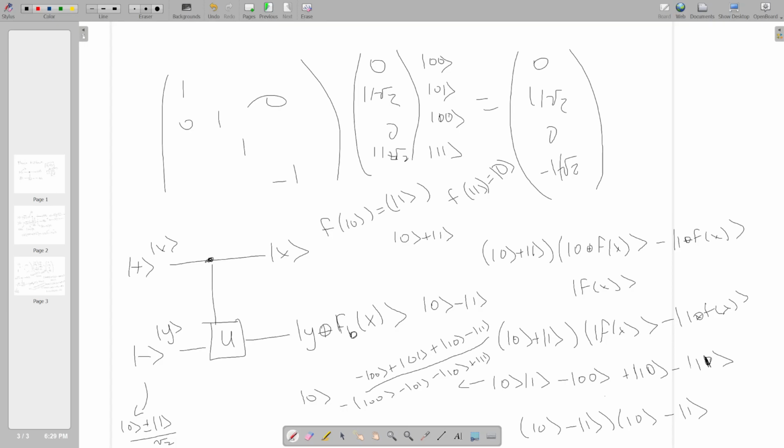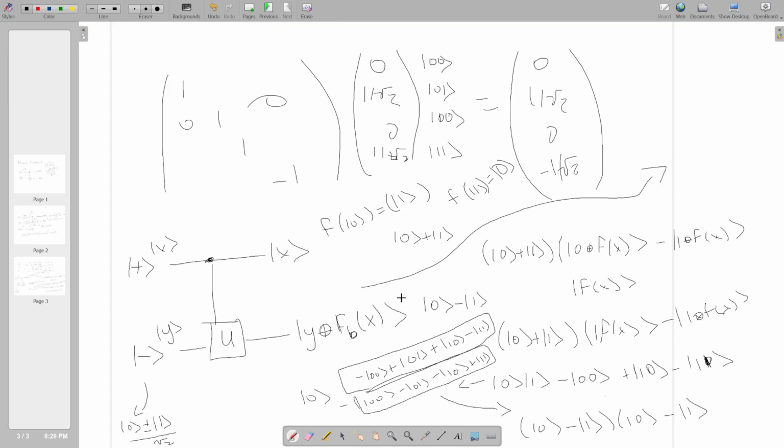So this is the state we have, reordering it. We can factor out a negative sign. Remember, global phases we can just disregard. So now we have this. We can factor this into this form, and we can see that this whole process resulted in what happened over here.